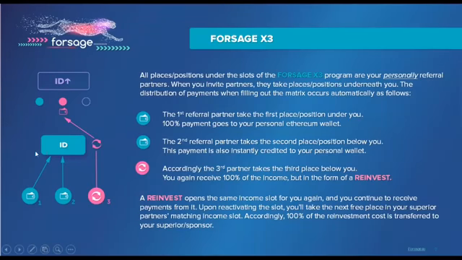Again, this would be an X3 example. The second payment is very much the same: the partner takes a place underneath you, and instantaneously, keep in mind, your payments are instantaneous. As soon as the transaction and the payment clears and gets confirmed multiple times on Etherscan, you instantly receive the payment.